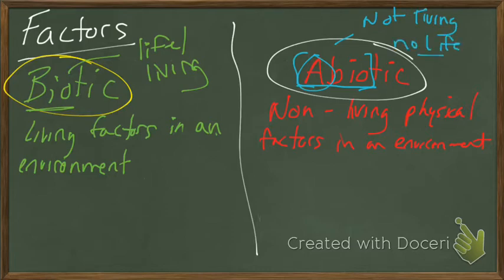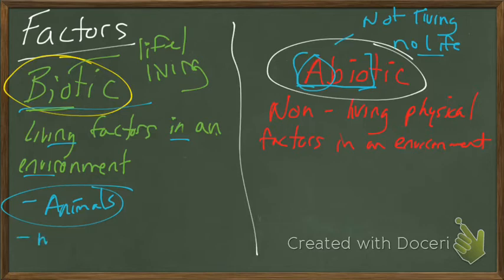Okay? So biotic factors, living factors in an environment. For example, animals. That's probably the biggest living factor in an environment. You can also think of microorganisms. For example, plankton. Or can't really think of anything else right now, but I'm sure more will come up.